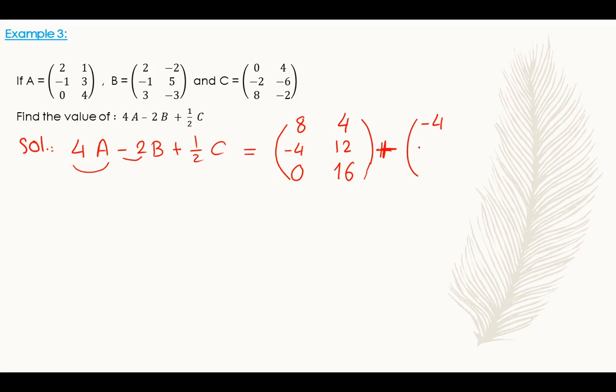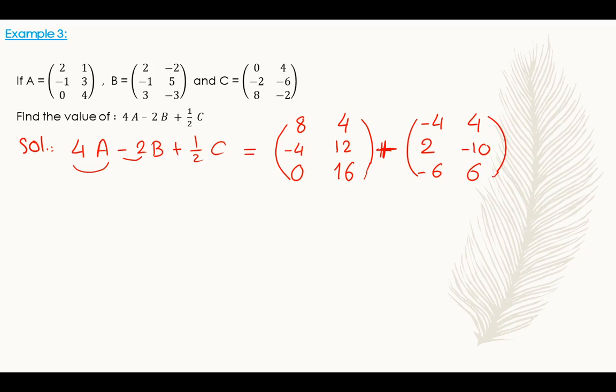Negative 2 times negative 1 is 2. 3 multiplied by negative 2 is negative 6. Negative 2 times negative 2 is 4. Negative 2 times 5 equals negative 10. Negative 2 times negative 3 equals 6.